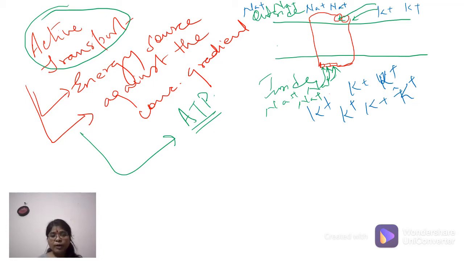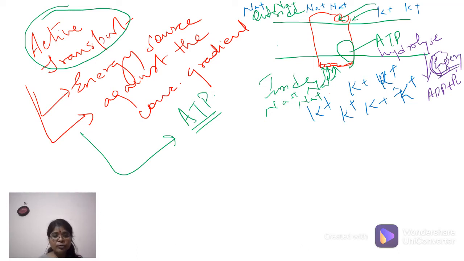On binding of an ATP molecule, which will cause hydrolysis, this ATP will hydrolyze to give you ADP plus Pi, and in that process it will give you a burst of energy. When ATP binds, there is a conformational change in the structure of the molecule.